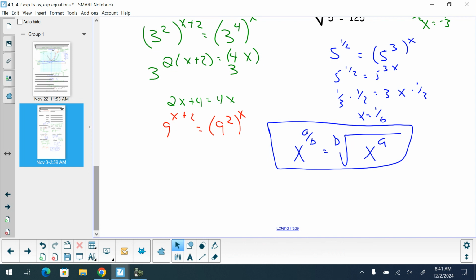Again, we're tapping into everything that you learned exponent-wise back in algebra. Again, it's important that we keep up with our material here, because we will continue to push through.